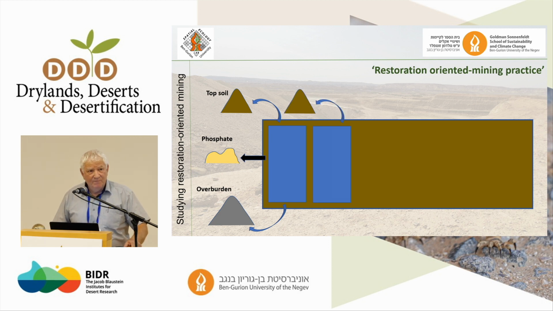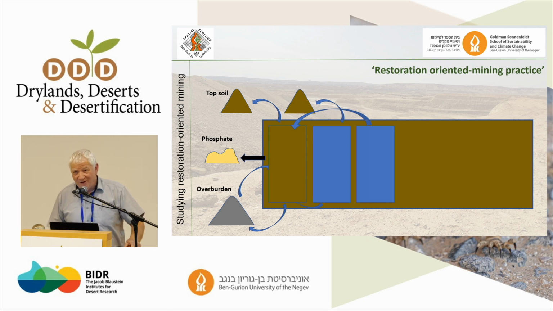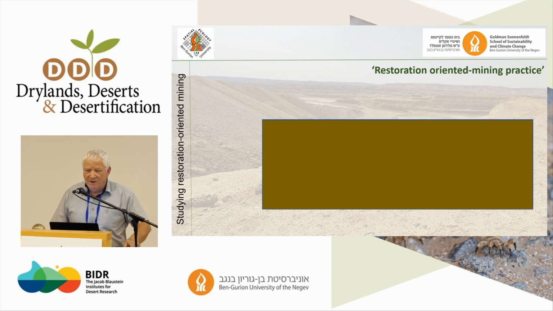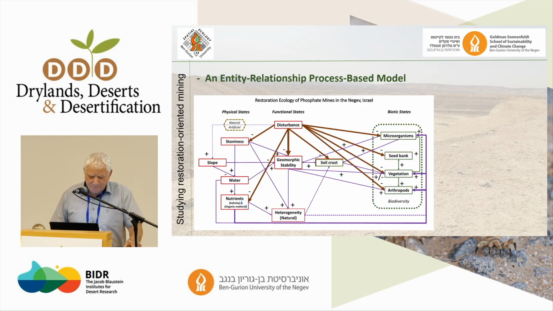Then they start with a second strip and fill in the first one, and so on. And when they get to the third strip, they take the topsoil and cover the first strip, and that's how they move step by step. At the end, everything is supposed to be restored with the topsoil above in the original watershed structure, in order to keep the landscape like it was in terms of the rivers, the valleys, and so on.